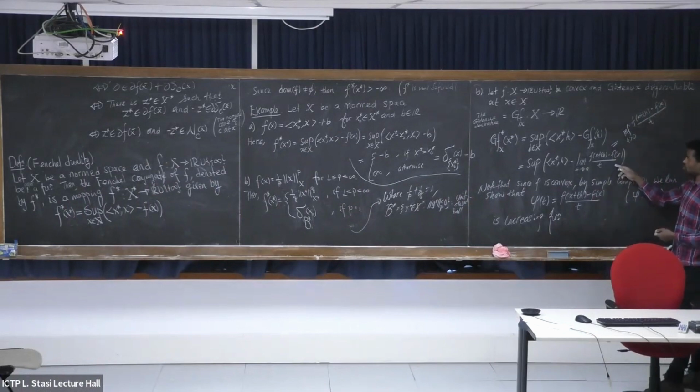If it is convex, this limit can be found by this one, since it is an increasing function.